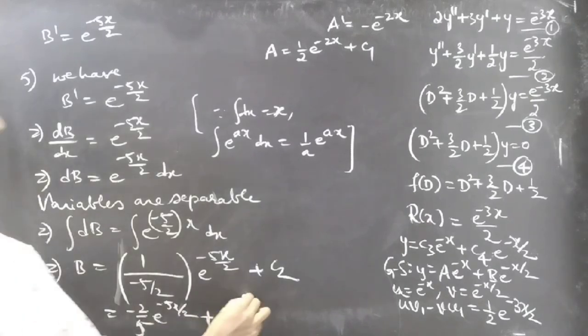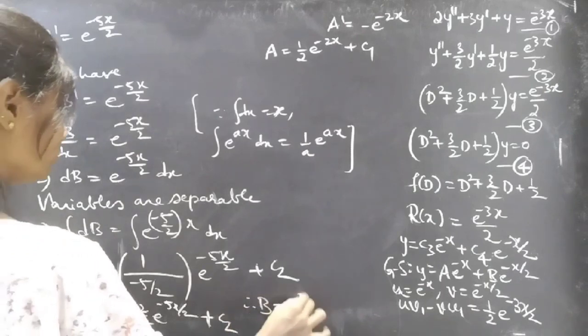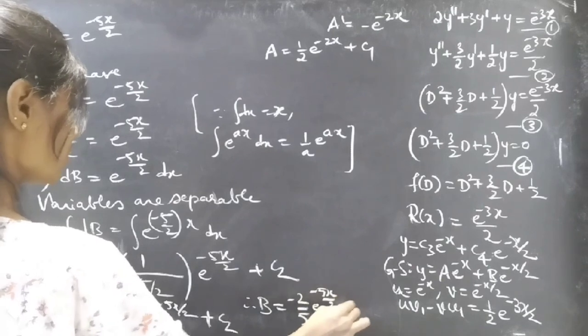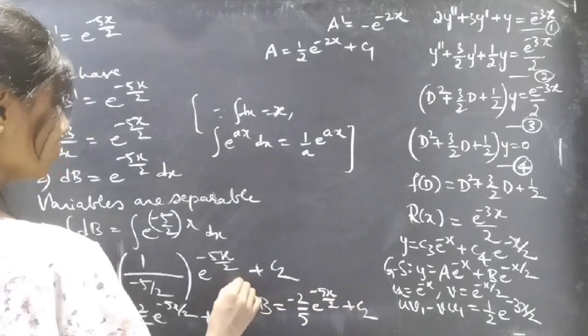Therefore b equal to minus 2 by 5 e power minus 5x by 2 plus c2.